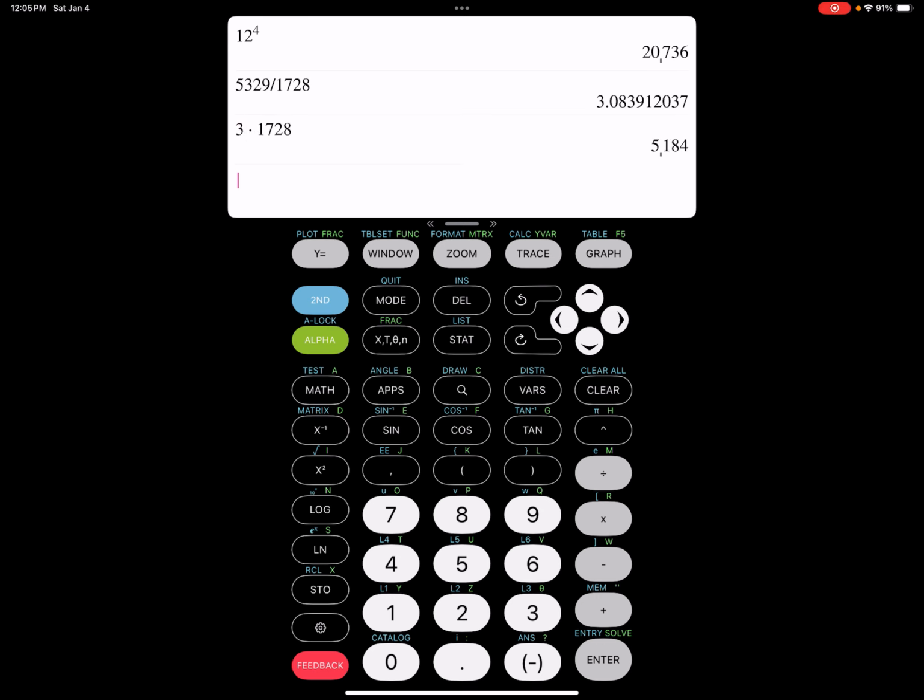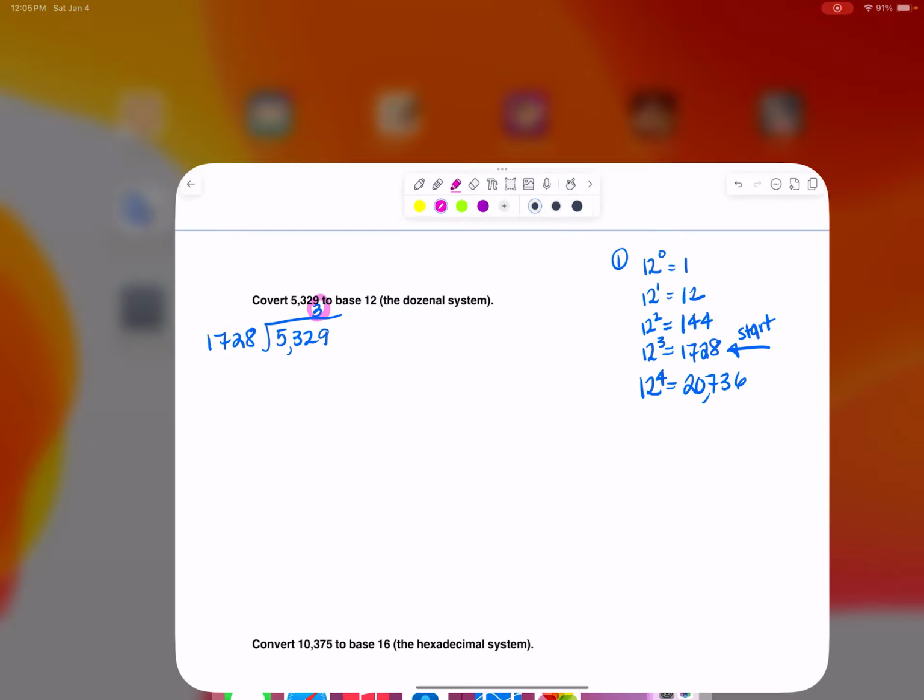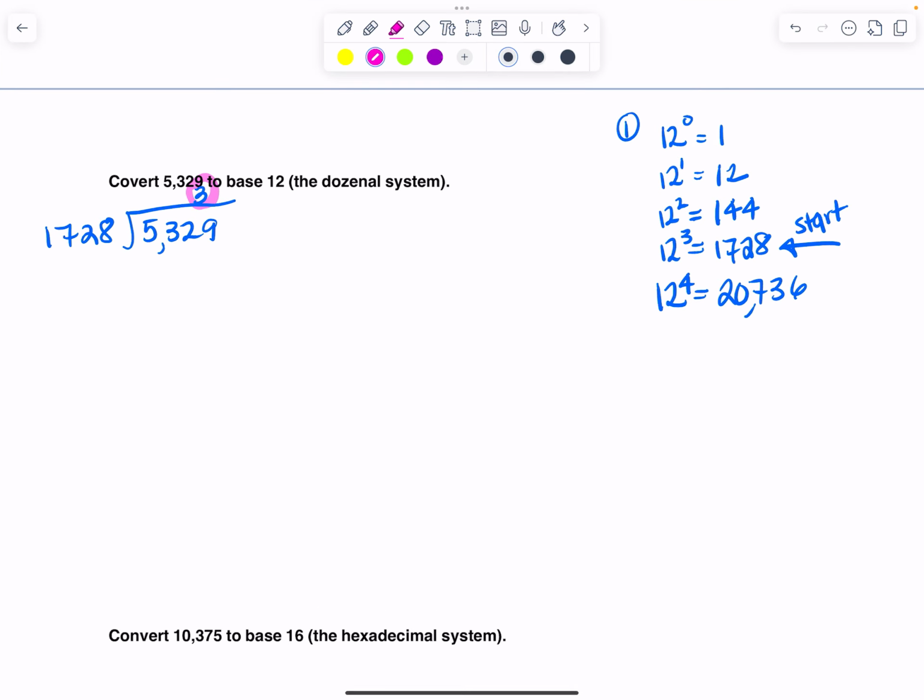And that equals 5,184. Okay. And then I'm going to subtract these.